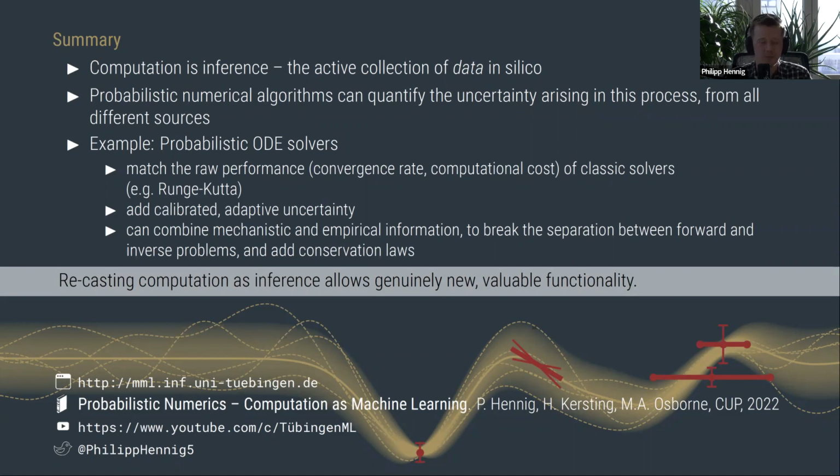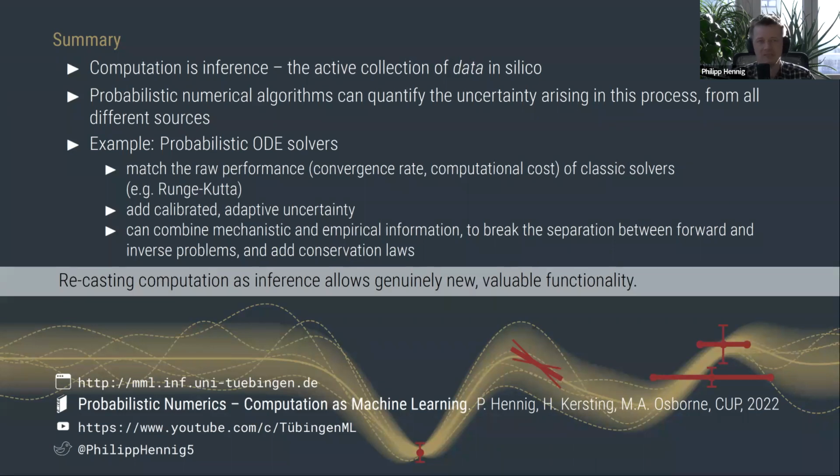There is a mathematical framework for phrasing this process, and that's the theory of probability, essentially applied to numerical algorithms, probabilistic numerics, to quantify sources of uncertainty and information, so the opposite of uncertainty, arising in this process from all different kinds of sources, from knowledge from data, knowledge from computation, uncertainty from imprecision in the computation, and uncertainty from a lack of data.